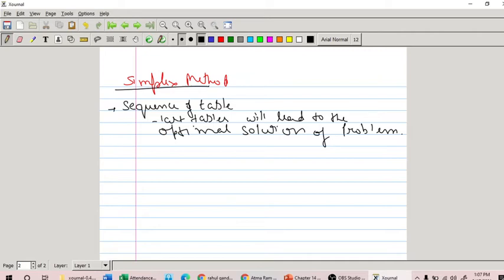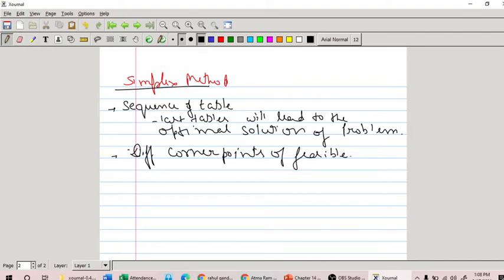This method also finds its origin in the graphic method. In the graphic method, we looked for different corner points of the feasible region, and we are going to do the same in this method also, but in a different manner.